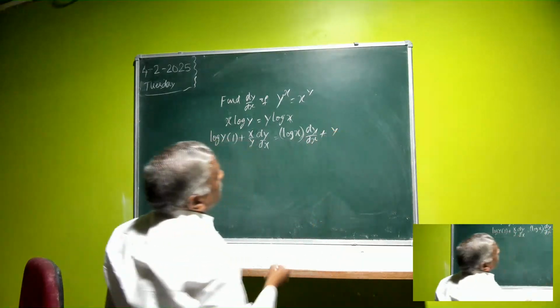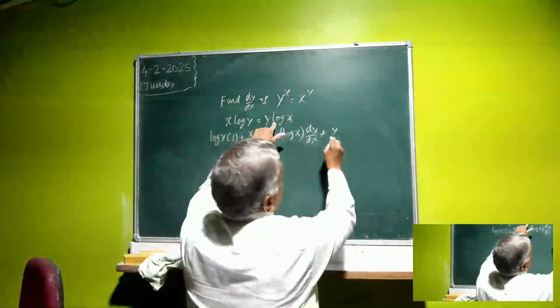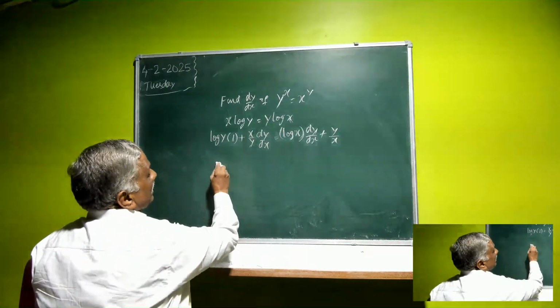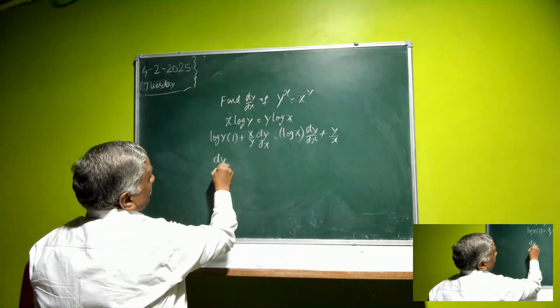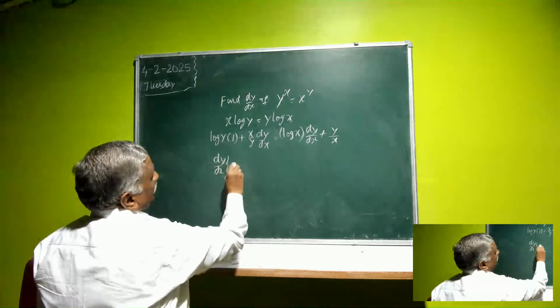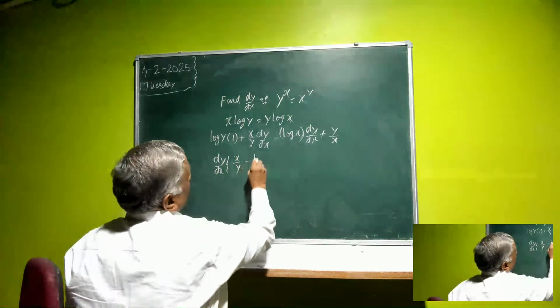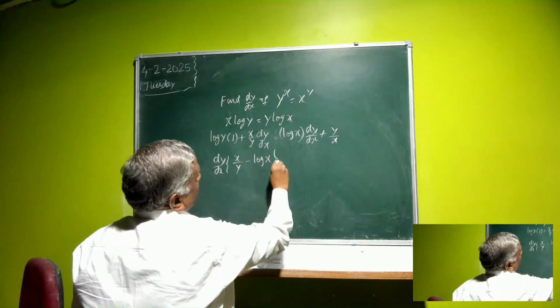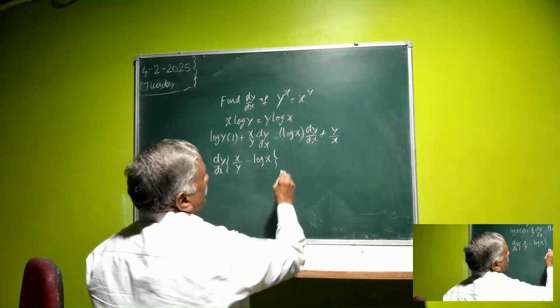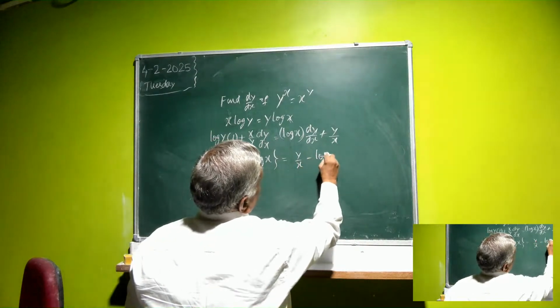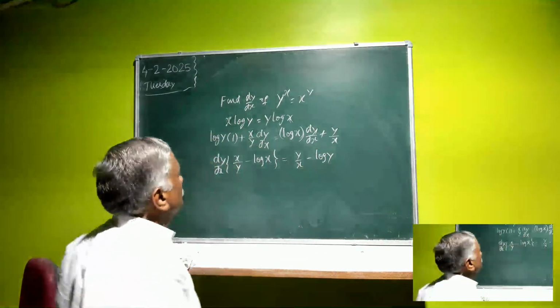Keep y as it is, log x is 1 by x. Now take the terms containing dy by dx on one side. Dy by dx into x by y minus log x is equal to y by x minus log y.